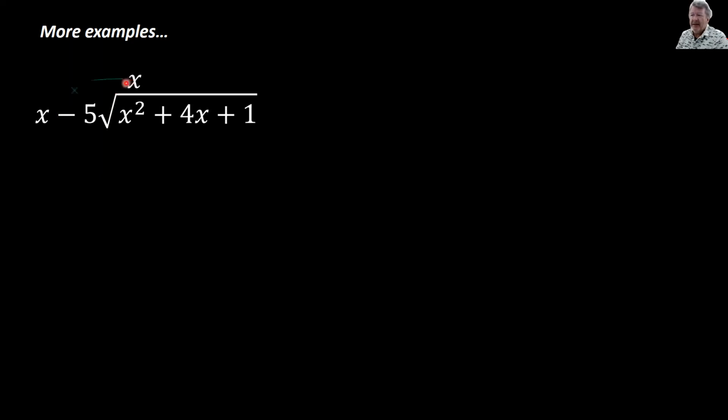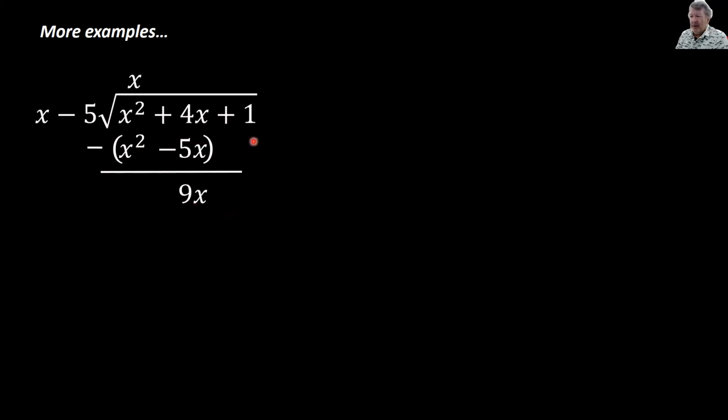Coming back down the way, x times x gives x squared. X times negative 5 is minus 5x in brackets, and then we're going to subtract. X squared minus x squared disappears, great. 4x minus minus, so plus. 4x plus 5x is 9x.